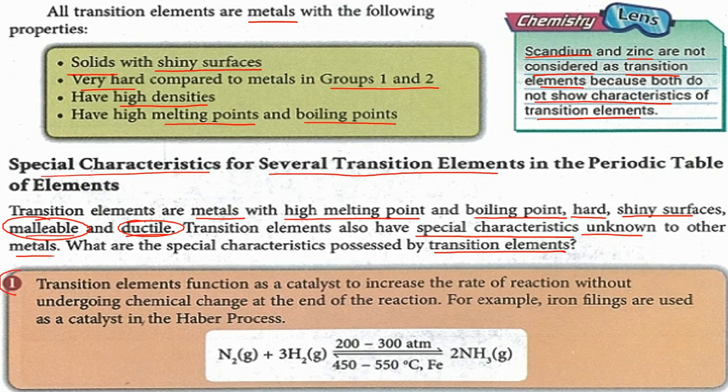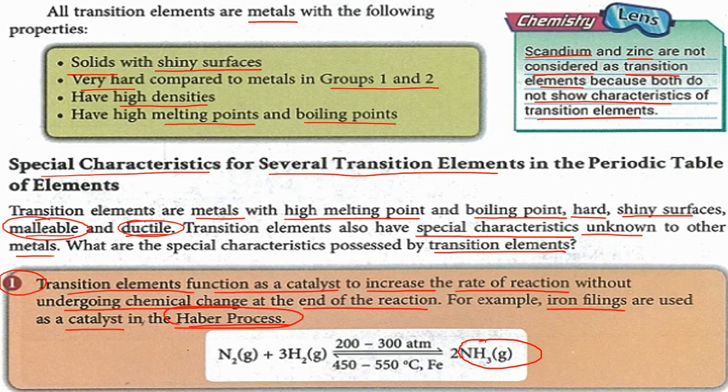The first one, transition element function as catalyst to increase the rate of reaction without undergoing chemical change at the end of the reaction. For example, iron filings used as a catalyst in Haber process. So Haber process is a process to produce ammonia gas.